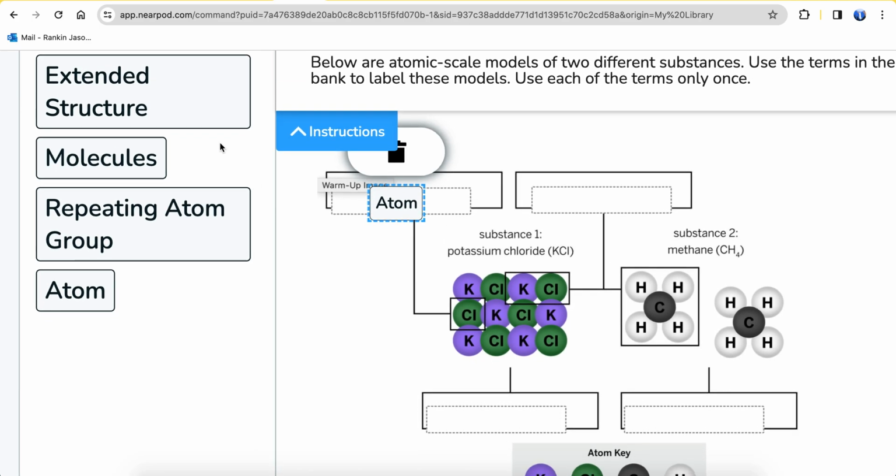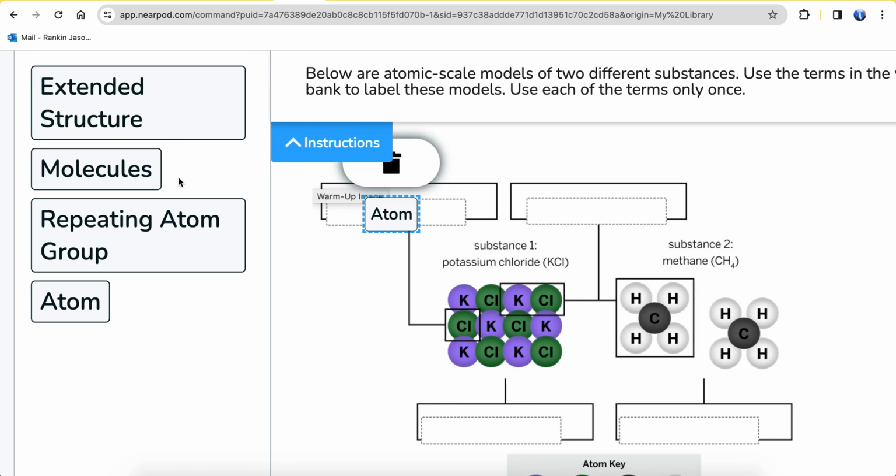All right, next thing we have is another easy one, repeating atom group. We have this section here, we have a KCl, and we have CH4, which is methane.